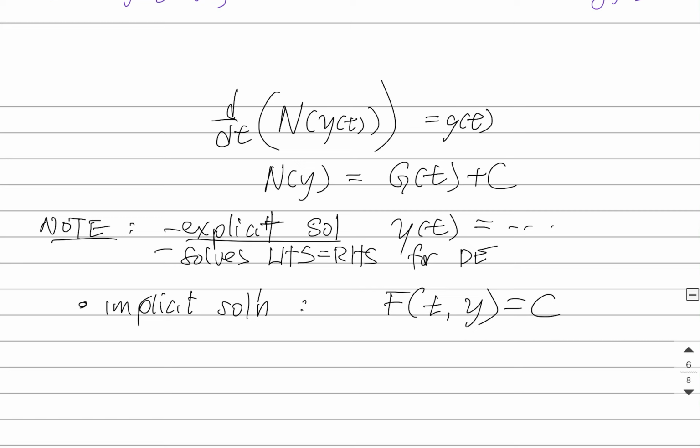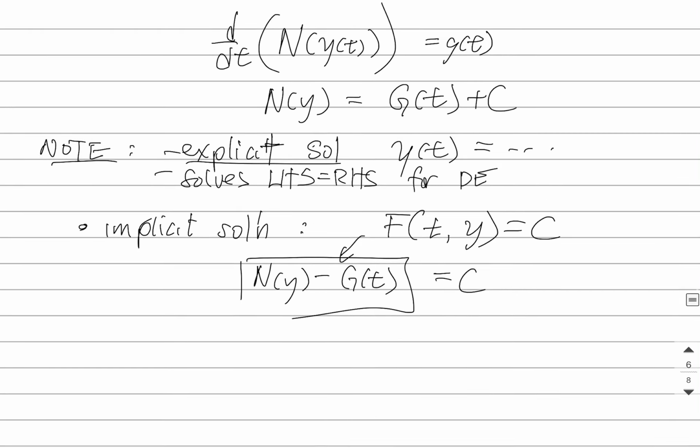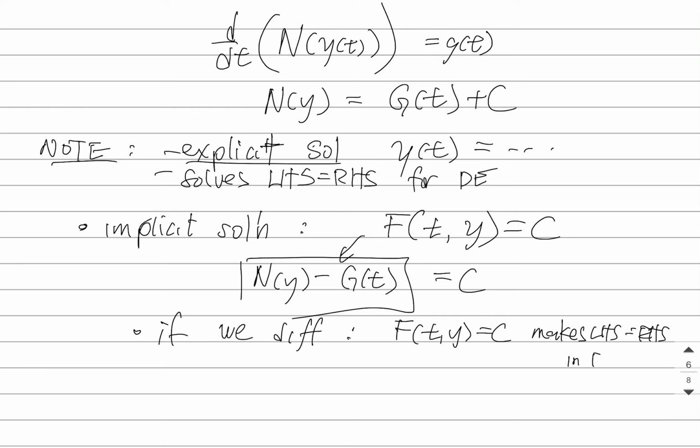Now, you should see here in our case, we've got N of y minus G of t on one side, and it equals a constant. If we differentiate, we will still see that this equation will make the left-hand side equal the right-hand side in the DE.